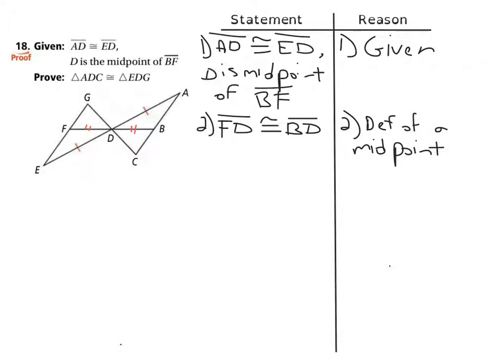Let's say we know that, 3, we know that angle ADB is congruent to angle EDF. That's vertical angles.